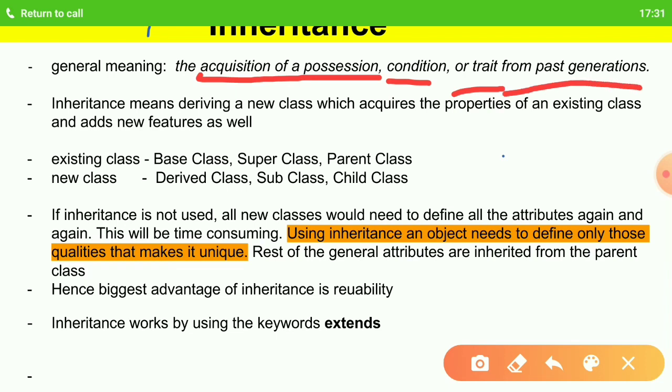That means you are acquiring something from the previous existing thing. When we acquire something from a previous existing thing, it is known as inheritance. That's the dictionary meaning of inheritance.